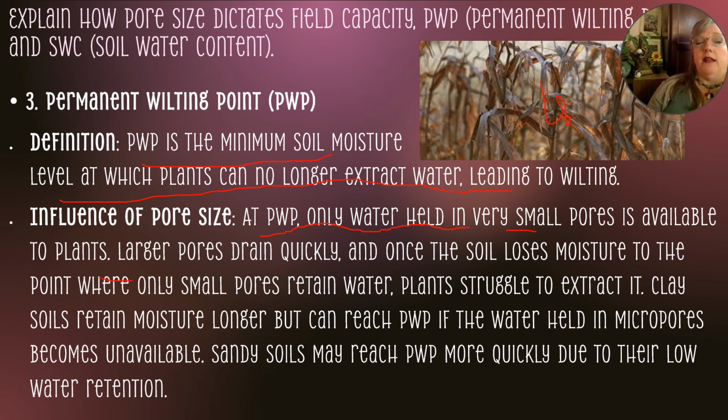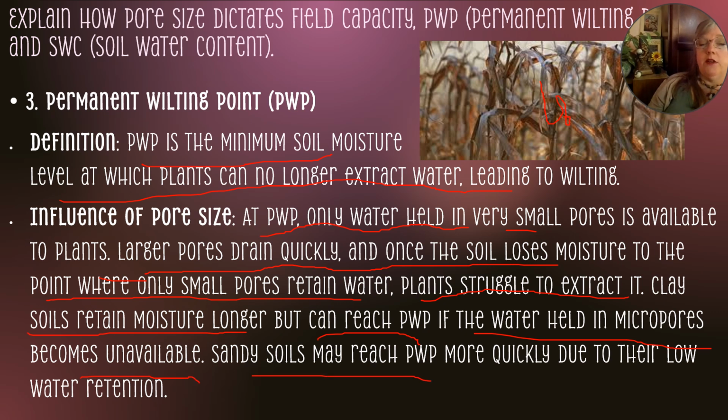The larger pores drain too quickly, and once the soil loses moisture to the point where only the small ones have it, plants are going to struggle to extract it. Clay soils retain moisture longer, but can reach permanent wilting point if the water held in the micropores becomes unavailable, like if it clogs up together. Sandy soils can reach permanent wilting point a lot more quickly because of their low water retention. Remember, it just goes through so fast.